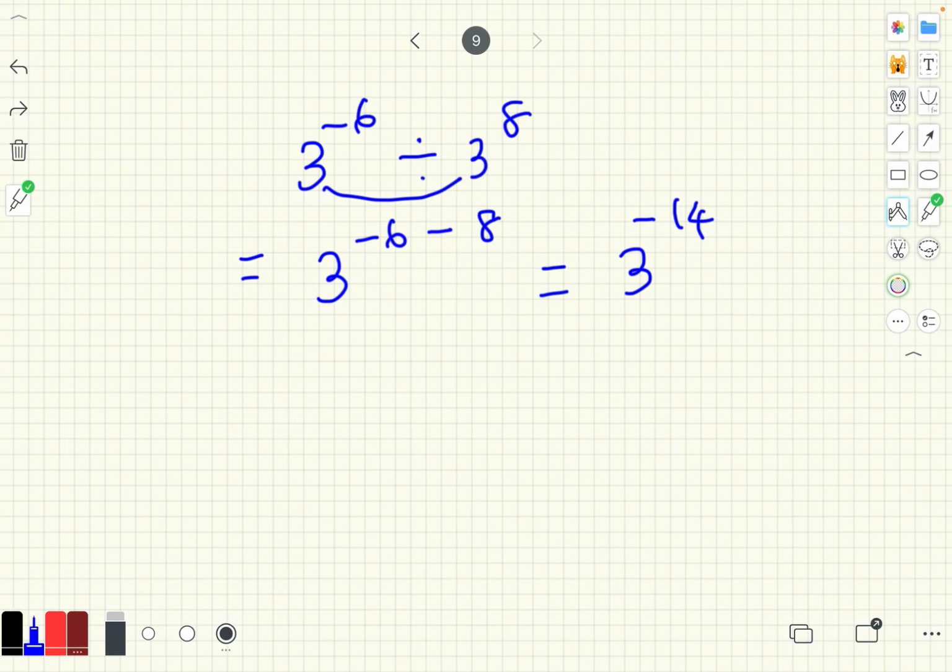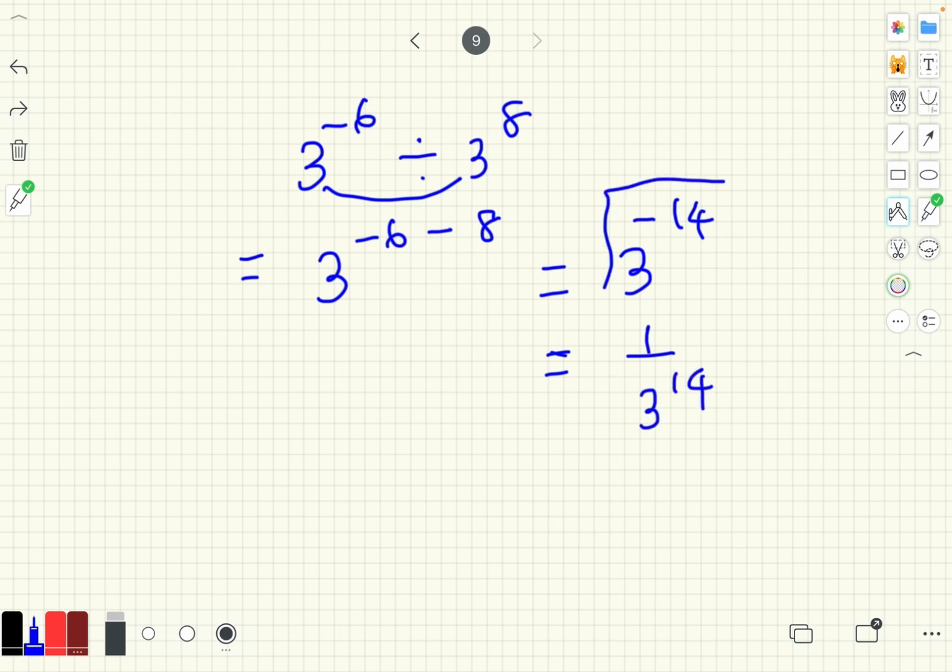Usually in exponents, we don't write negative powers. It's okay to write, but conventionally we don't. So we want to write it as a positive power. We write it as a reciprocal, which is 1 over 3 to the power 14.